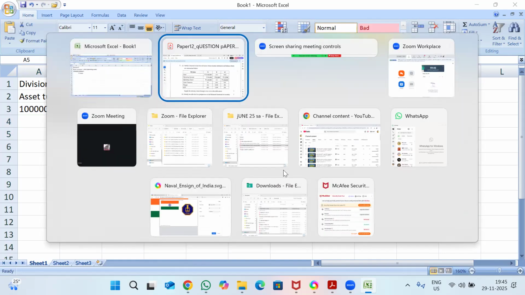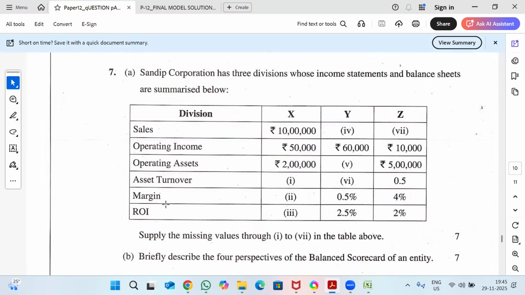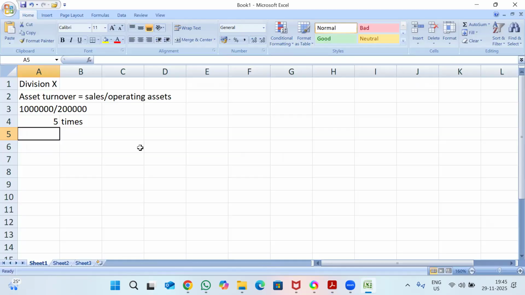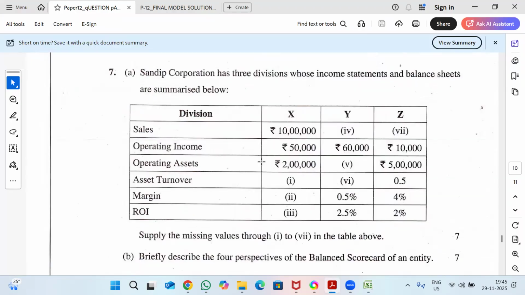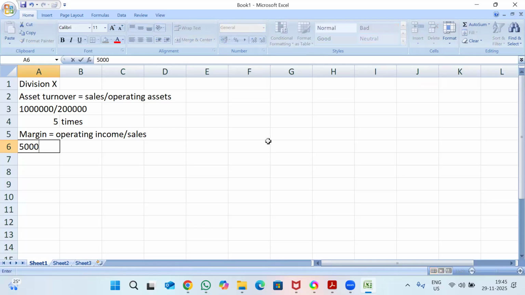Then what else do I have? Margin. Margin in the sense my profit, right? Here I want to calculate margin based on operating income. So margin is operating income divided by sales. My operating income is 50,000 divided by 10 lakhs, into 100.